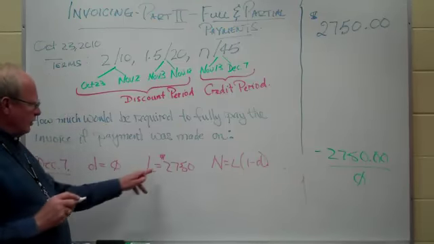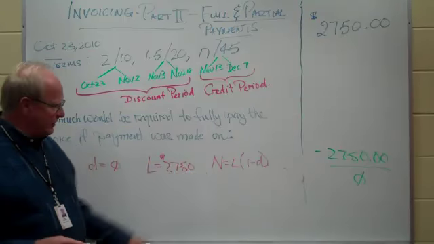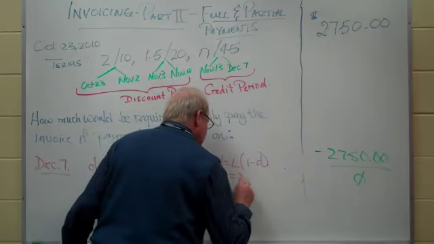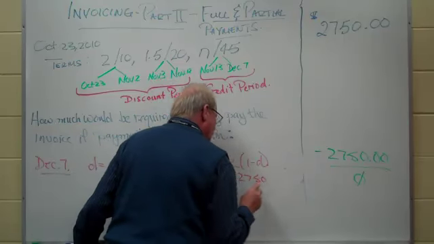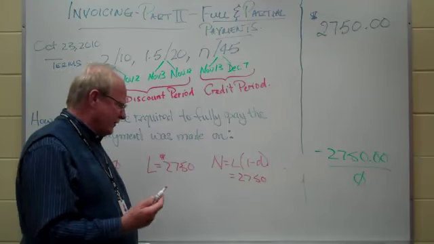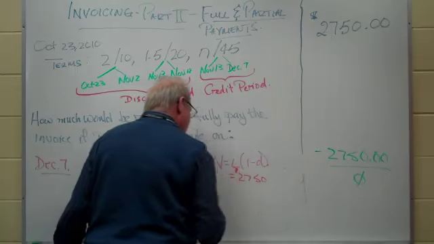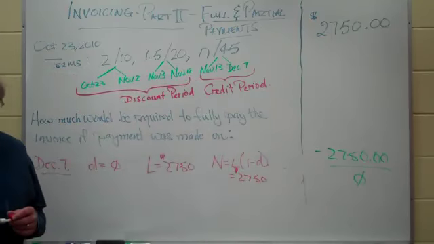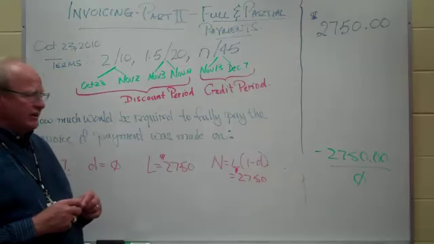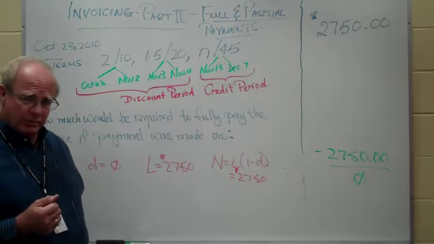We're still trying to clear a list of $27.50. Net is list times 1 minus discount, which is $27.50 times 1 minus 0, which is 1. So $27.50 times 1 is $27.50. So you would have to remit the full amount in order to clear the debt if you wait until the discount periods are over and you're still in a credit period.